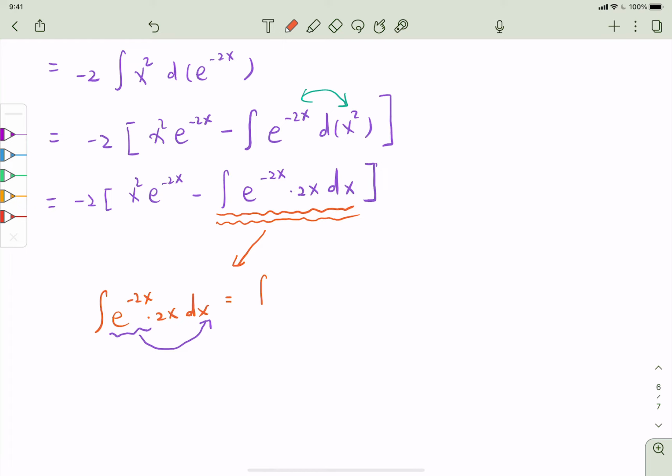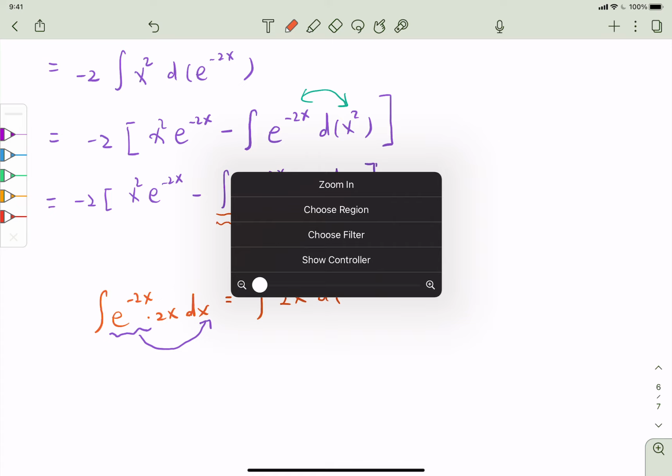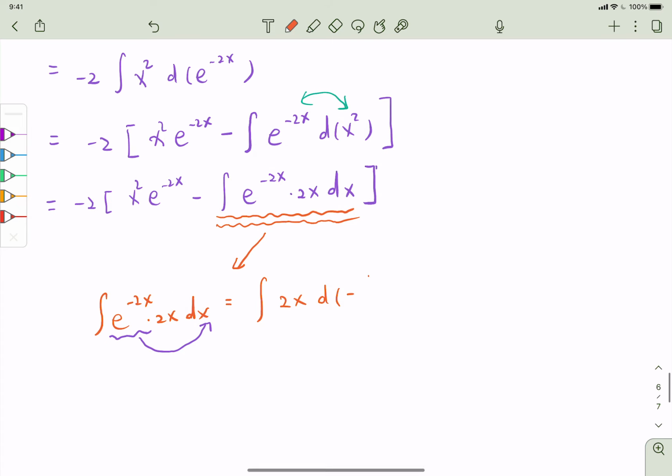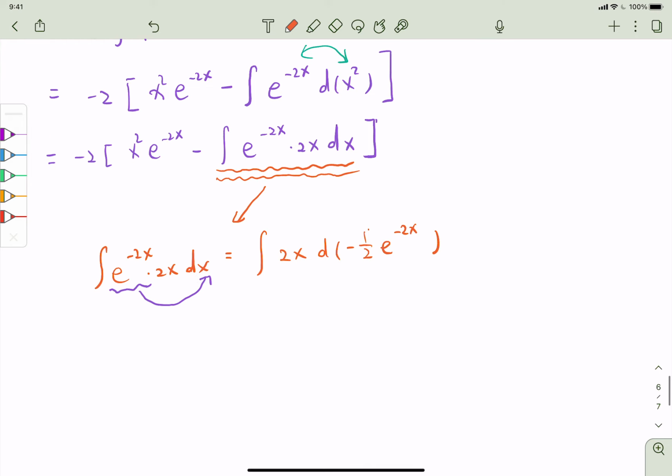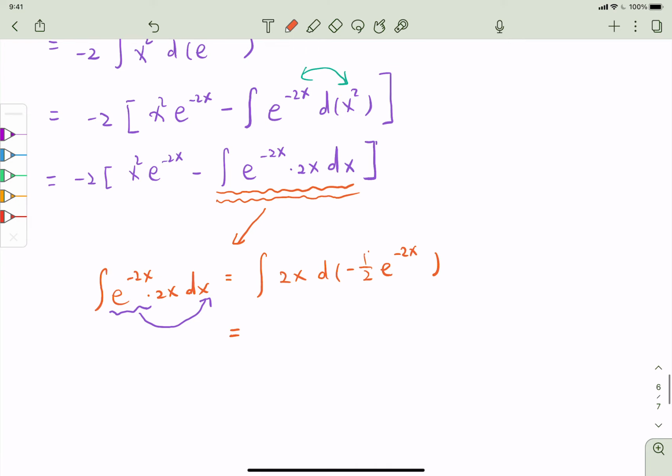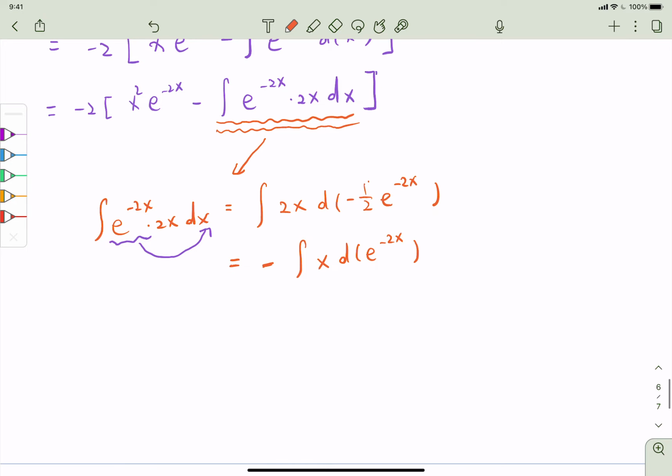That gives us 2x d negative 1 over 2 times 1 over e to the 2x. And we take care of the coefficient. So negative of this x d e to the negative 2x.